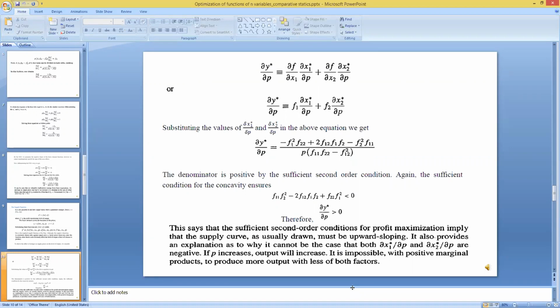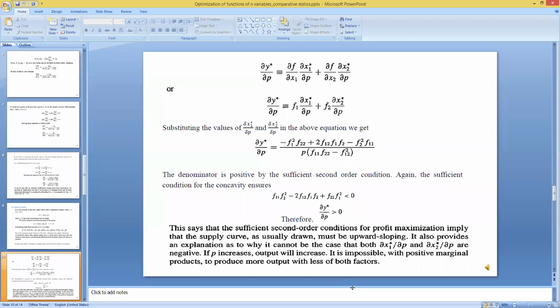So to understand the idea of parametric shift, we consider change in P, change in W1, change in W2. The most important exercise here, what will happen to the optimum output function if P changes, if the price of output changes? So here we are starting with del Y star by del P. In context of input, the most important factor is input price.